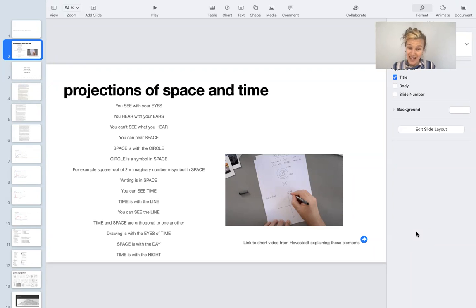You can see time. Time is with the line. You can see the line. Time and space are orthogonal to one another. Drawing is with the eyes of time. Space is with the day. Time is with the night. So that may not sound clear to you still, but this is just a number of these pairs of inversions placed together.